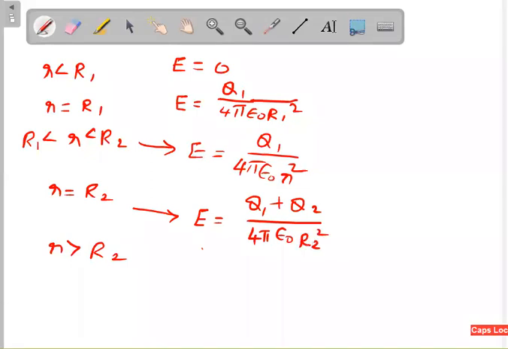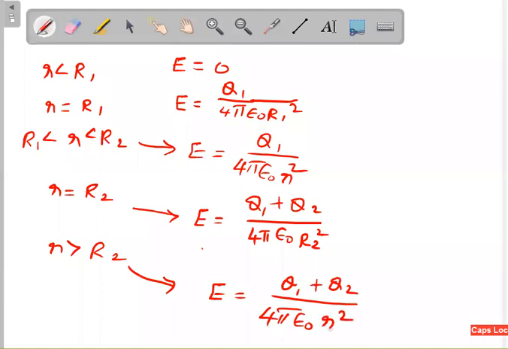Finally, your total charge remains the same, Q1 plus Q2, but here you replace capital R with small r, a running variable, which has to be greater than R2. This is the electric field due to concentric spheres.